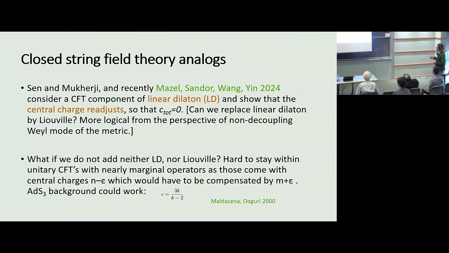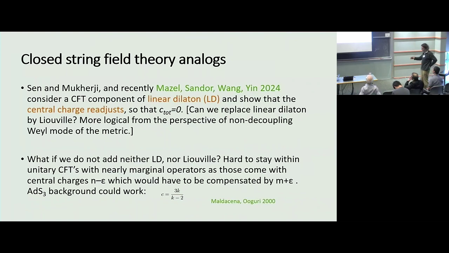So everything looks nice. But I personally am not so happy about using a linear dilaton. Maybe it would be better to use Liouville theory, and things are under progress. But one could also try to use purely minimal models. But if you want something parametrically weakly relevant, then typically the central charges of such theories are some integer minus some positive epsilon.